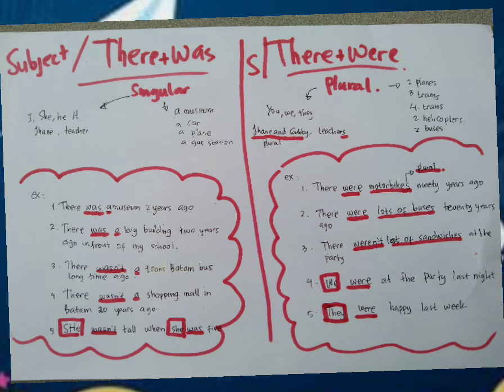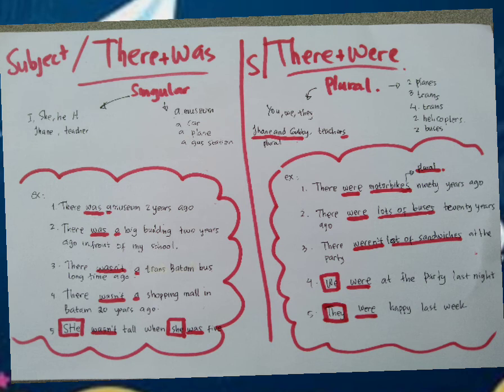It means singular. And if we want to say there were, you may say there were 2 museums 2 years ago. Next, there was a big building 2 years ago in front of my school.